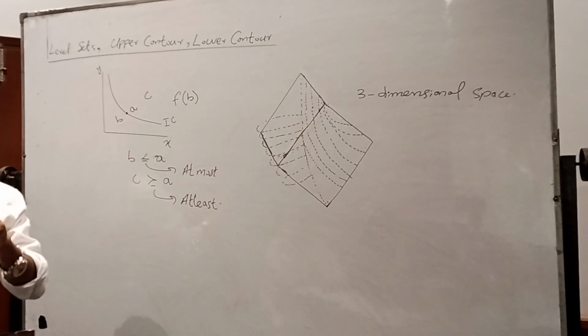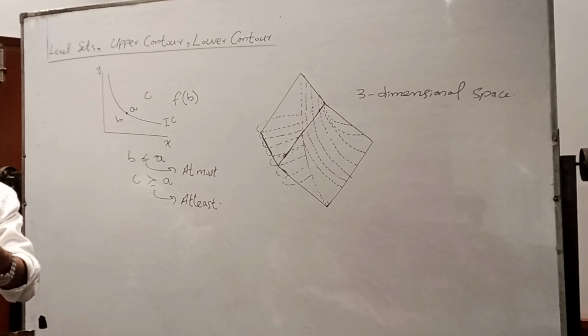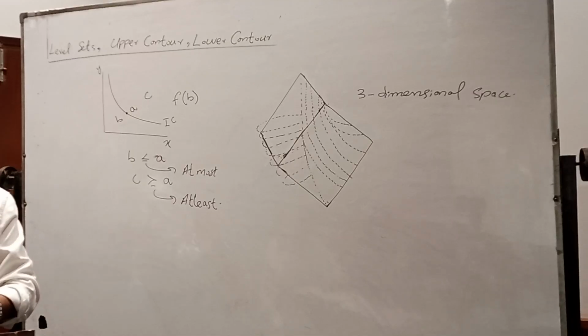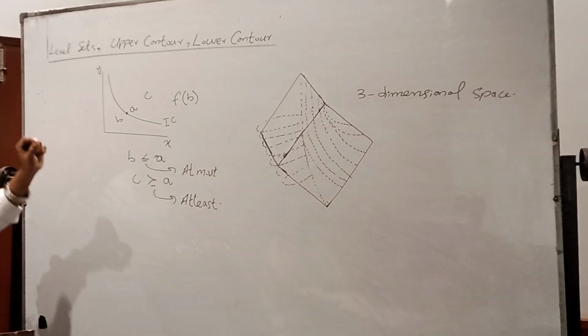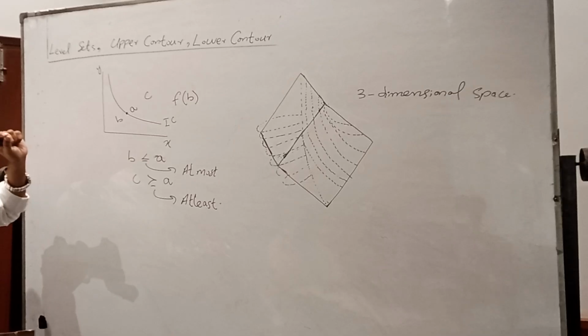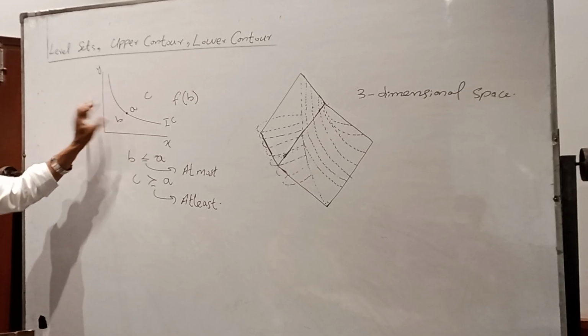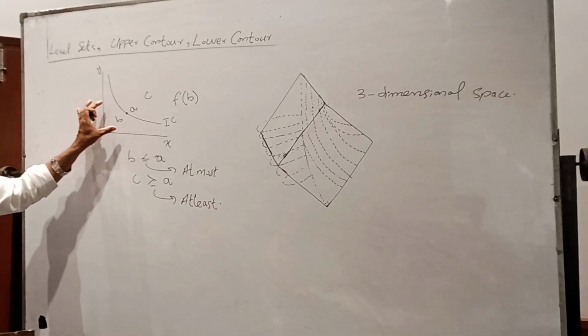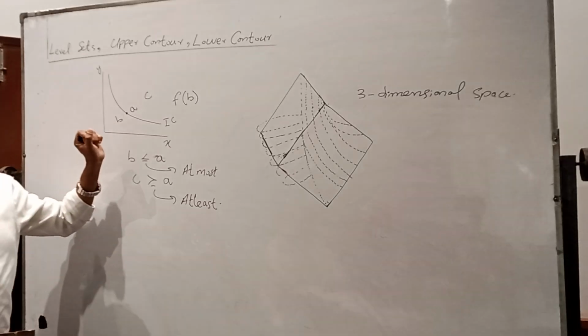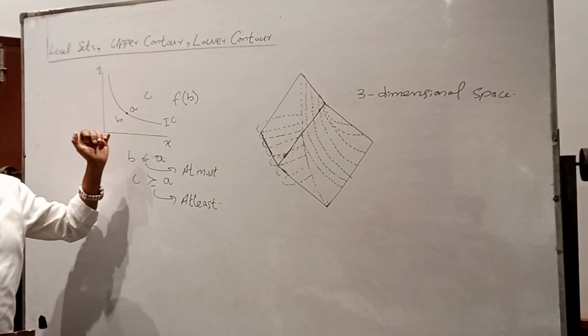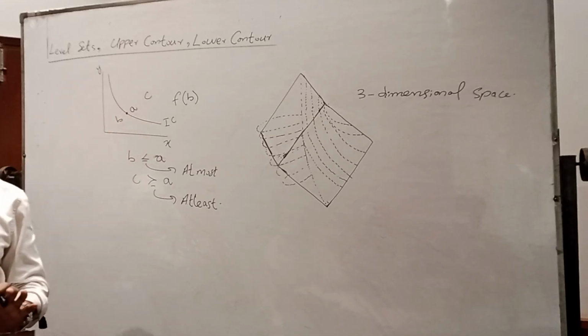That is actually the benchmark. On the basis of this benchmark, you compare some numbers or some binary relations or some values. So in mathematical terms, this is called level sets, or in case of economics, we call it indifference curve.